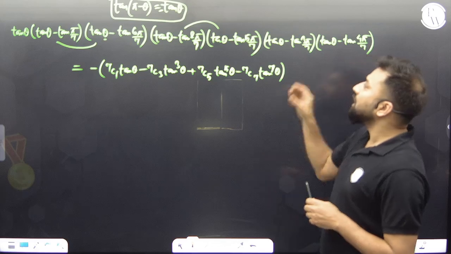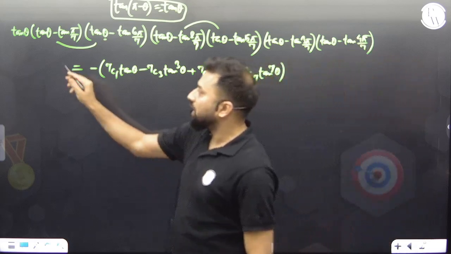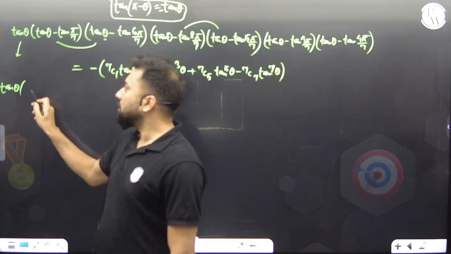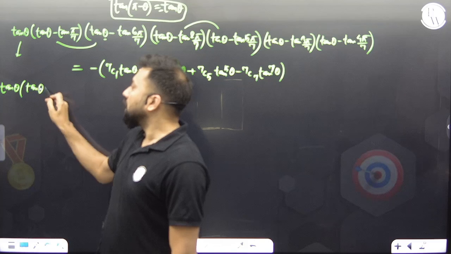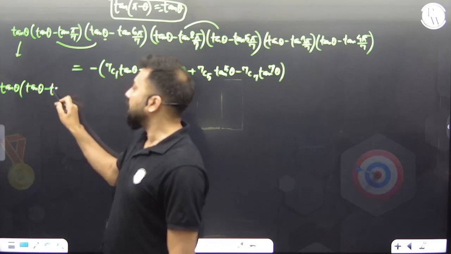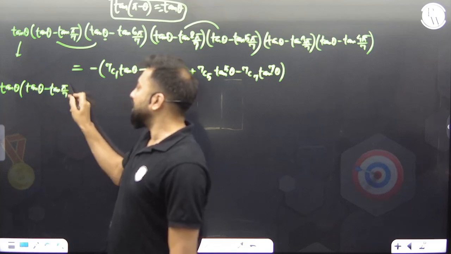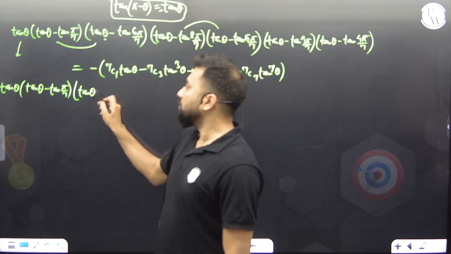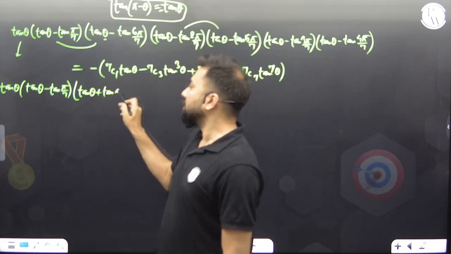If you multiply these two terms, this particular expression here in the left hand side will become tan theta into tan theta minus tan pi by 7 into tan theta plus tan pi by 7.